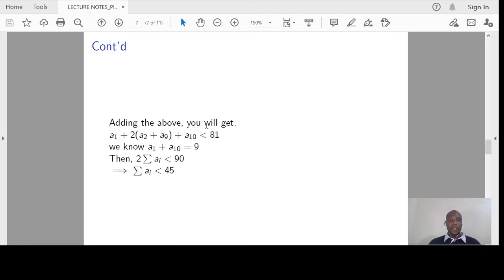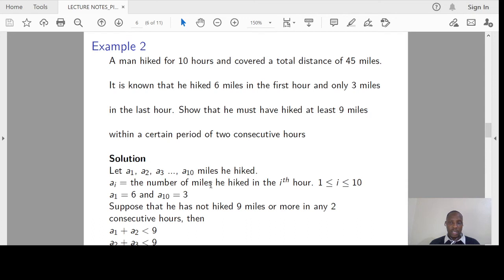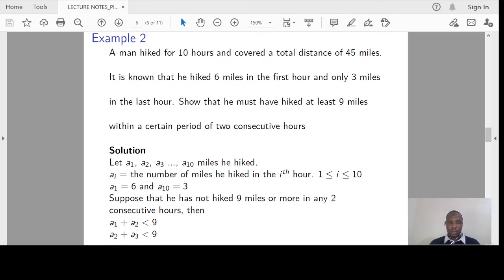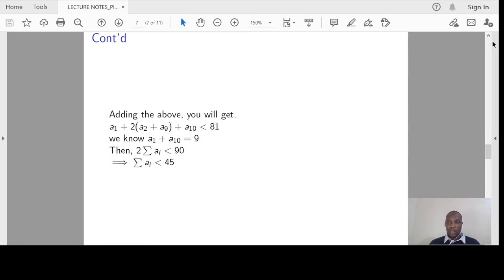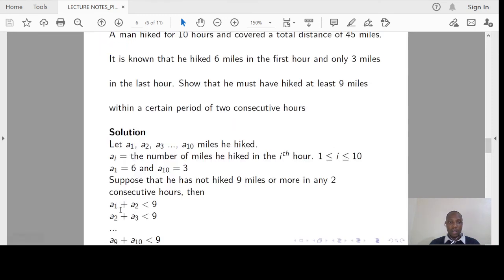So adding the above, you will get A1 plus 2 into bracket A2 plus all the way to A9, plus A10, is less than 81. What we are doing is that if you check on this, A1 is appearing once in the series of these combinations, and A10 is appearing once.